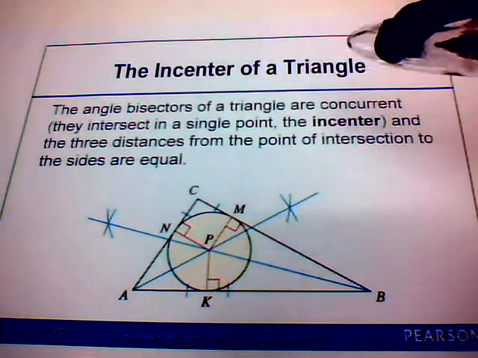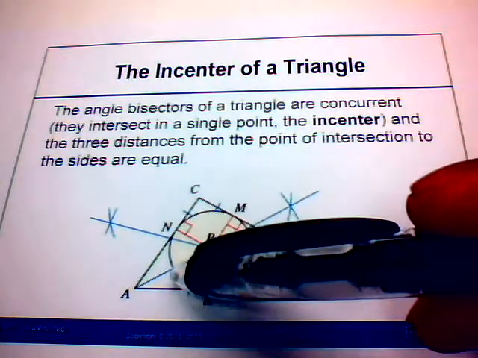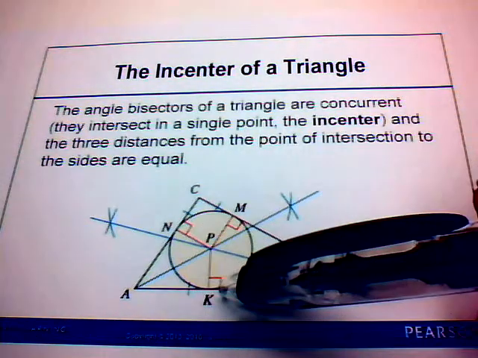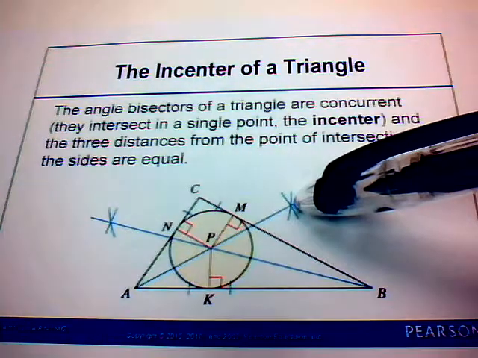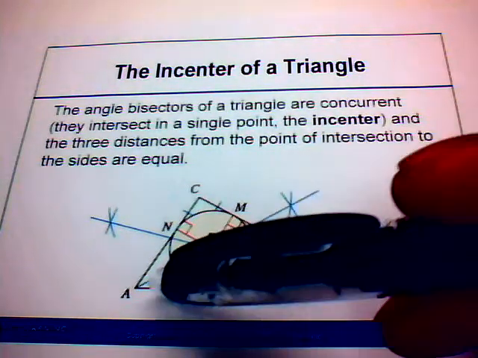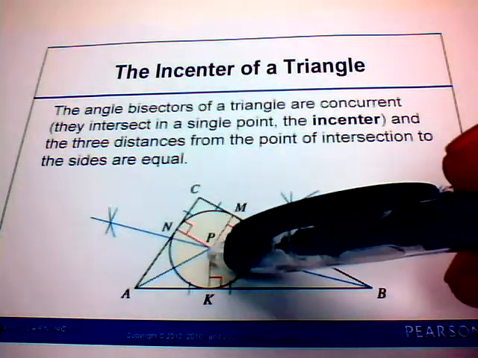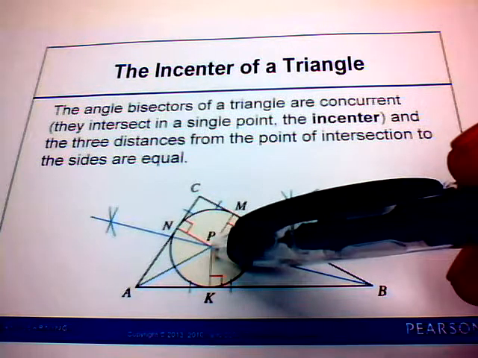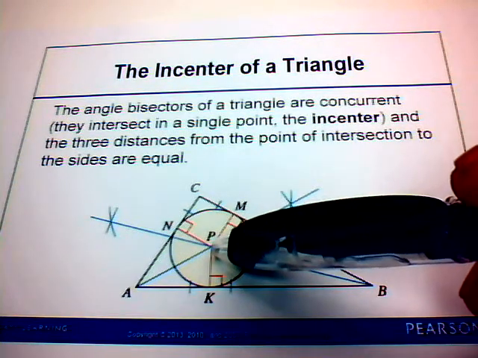So in this case, this circle is inscribed in the triangle. If we did constructions of the angle bisectors for each of the vertices of the triangle, like for angle A and for angle B, that point of intersection is called the incenter. So point P is the incenter.